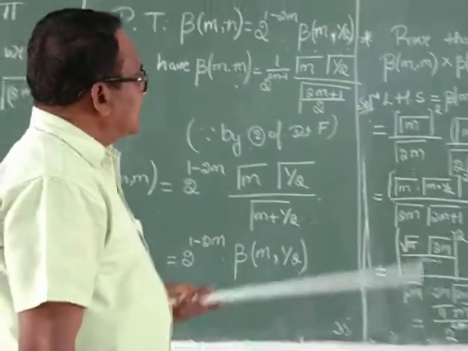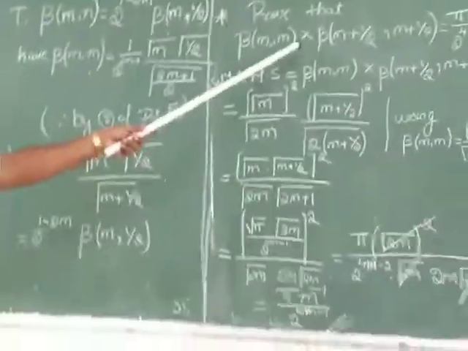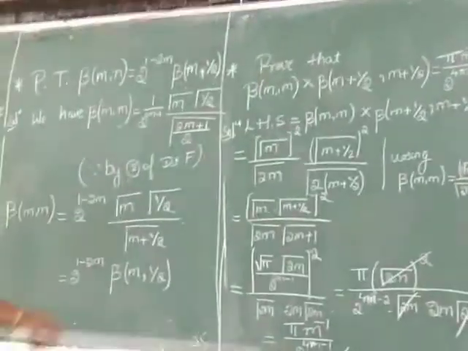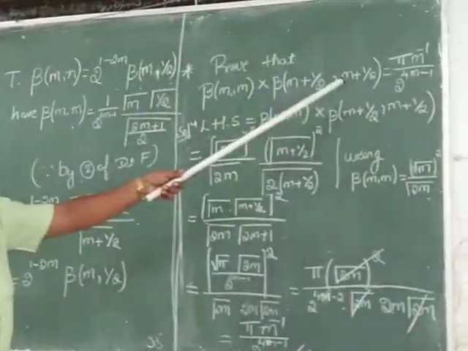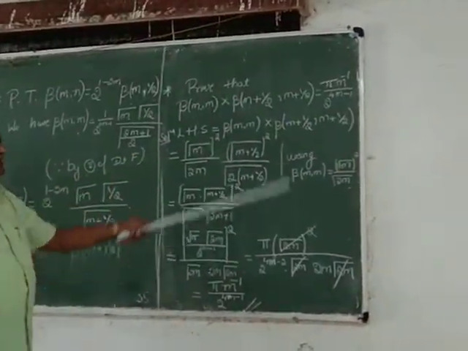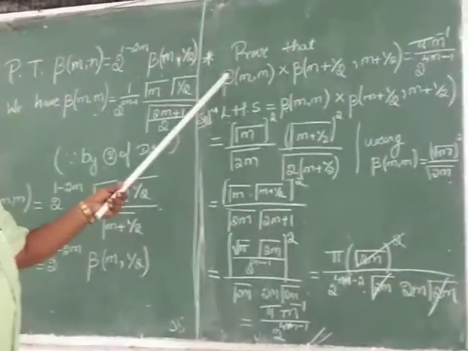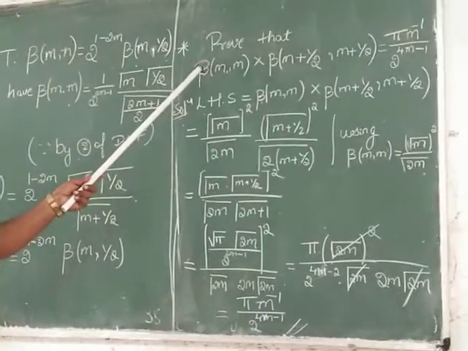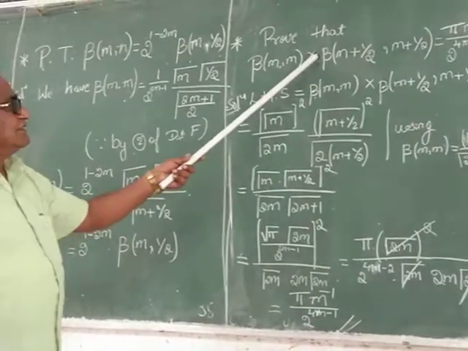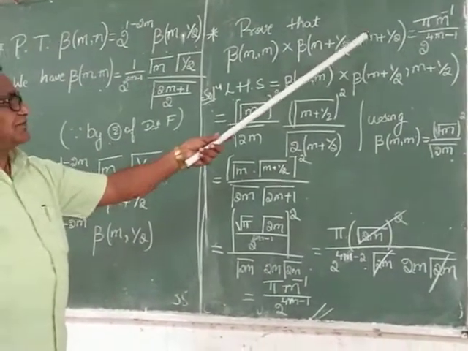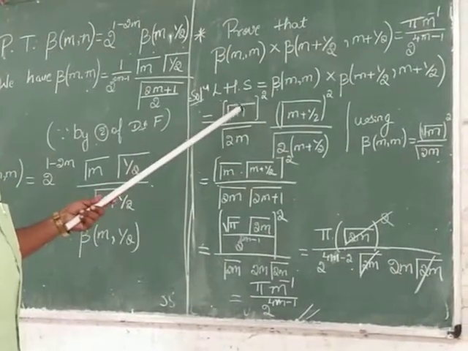Before that, let me have this result. It is beta(m, m) into beta(m + 1/2, m + 1/2) is equal to pi m to the power minus 1 divided by 2 to the power 4m minus 1. Yes, in order to prove this, take the left hand side: beta(m, m) into beta(m + 1/2, m + 1/2).